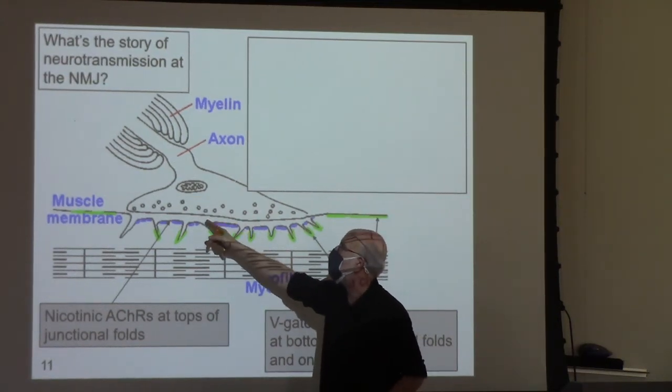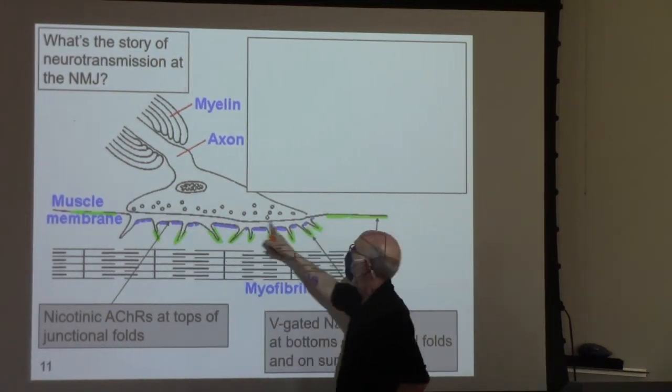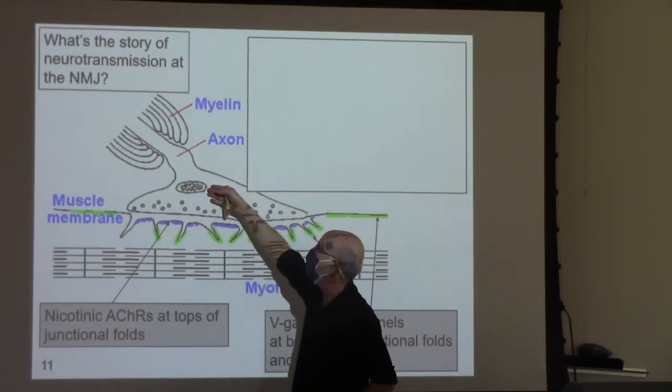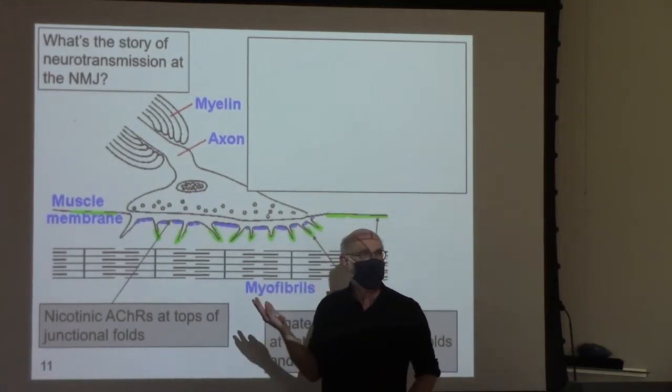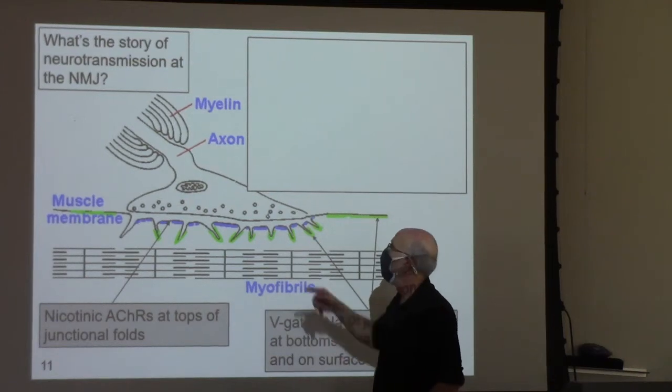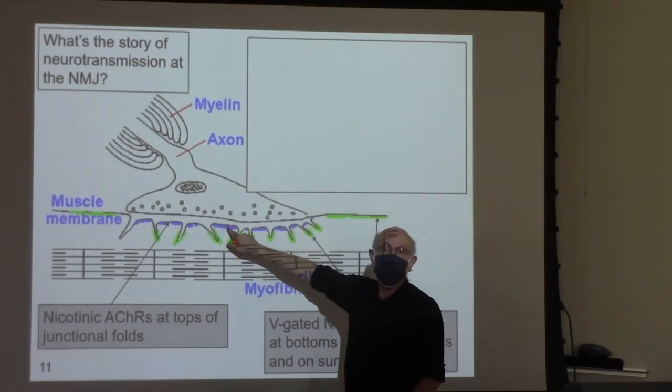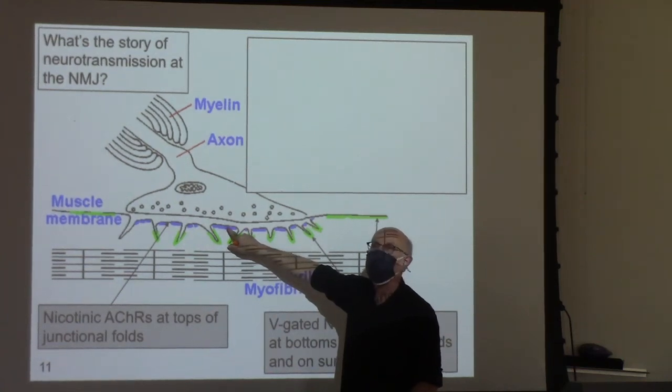What's the name of the neurotransmitter that is released into the synapse between the nerve and the muscle? Acetylcholine. What does the blue illustrate? The location of the receptors, the nicotinic acetylcholine receptors.